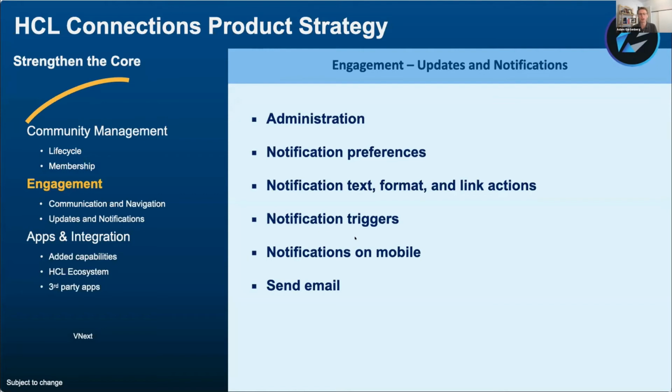The description, notification triggers, we went back and forth on how to describe that, but that's basically more control over what I can issue a notification on, or what will trigger that notification to go out to team members or people that requested it.